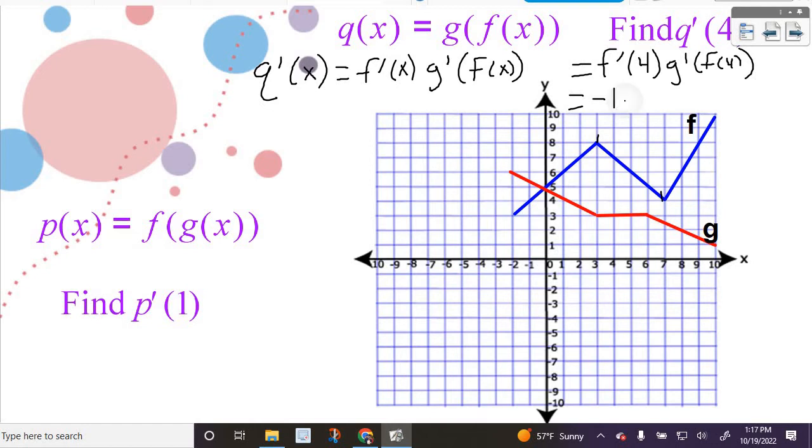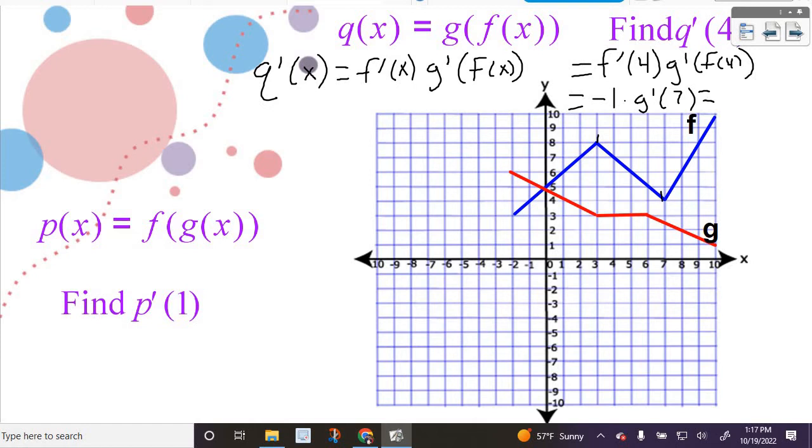So for this next part, we do have to do the inside part first. What is f of 4? 7. Because this time there's not a prime on there, so I'm just looking at the y value for my blue graph when x is 4. You all with me? So then my last step is to look at the red graph. What am I looking at on the red graph?